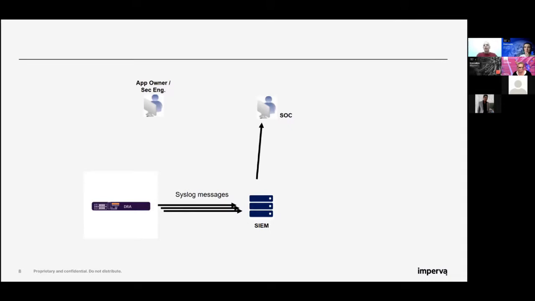Then the SOC engineer does not do the investigation, but asks the application owner or the security engineer to investigate and handle this incident or the incidents that have been received. And the application owner or security engineer, again, uses the API, after they decide what needs to be done, to close, to start, or to reopen an incident, whatever they decide after their investigation.